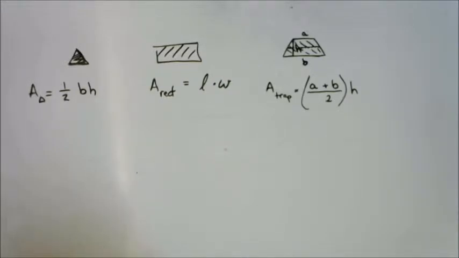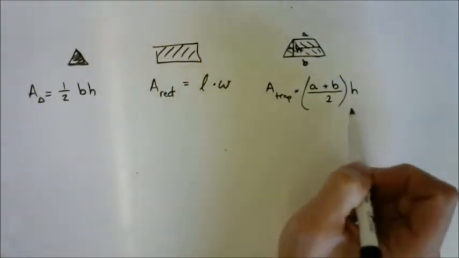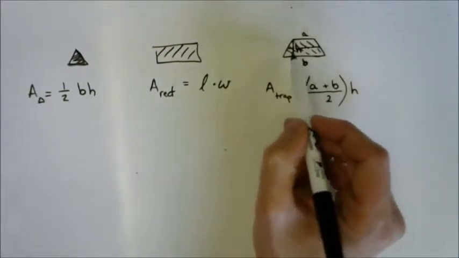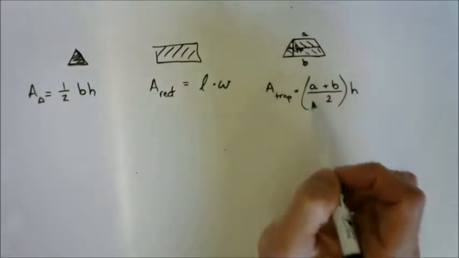Just take the average of your bases and multiply by the height. It's basically dealing with it like a rectangle, but in order to find the length of the rectangle, you first need the average of your bases.